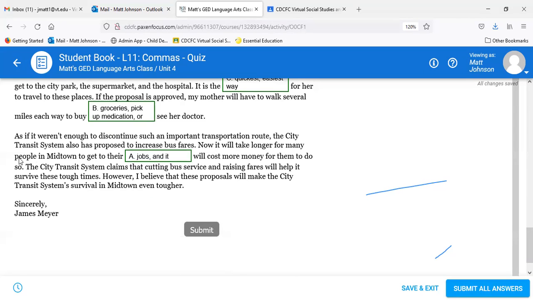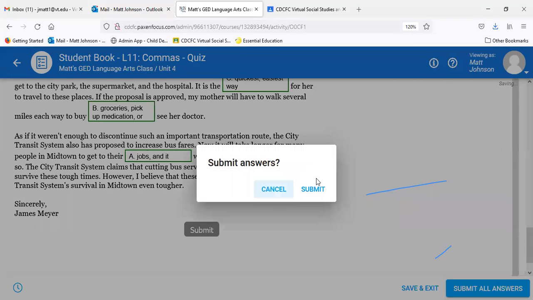Now it will take longer for many people in Midtown to get to their jobs. You have a whole sentence there. You put a period right there. Instead, we're making a compound sentence with the comma, and it will cost more money for them to do so. All right. So there we go with the quiz.